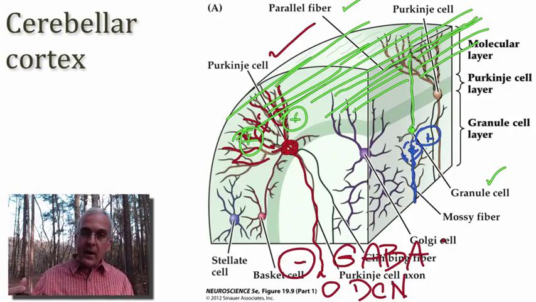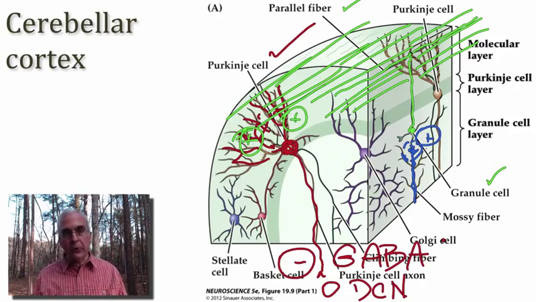So notice we have two excitatory connections in series and then an inhibitory connection, which can fundamentally alter the way the deep cerebellar nucleus integrates its own input.